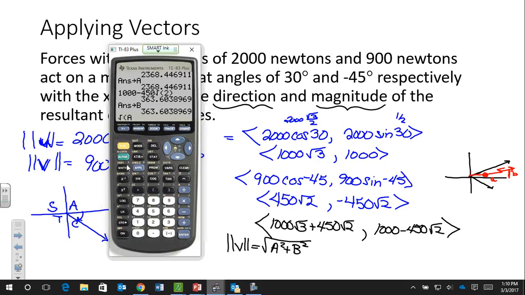I need to use my squared button. Plus alpha B squared. And if you have just a scientific calculator, oftentimes they have places that you can store these things too. So it doesn't have to be a graphing one. The scientifics are getting really nice. All right, so we're taking the square root of A squared plus B squared.